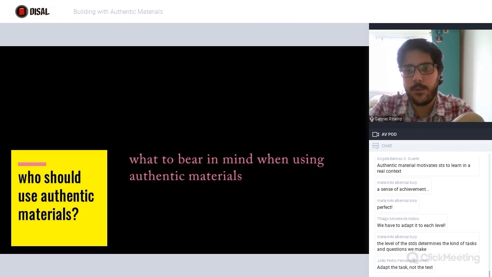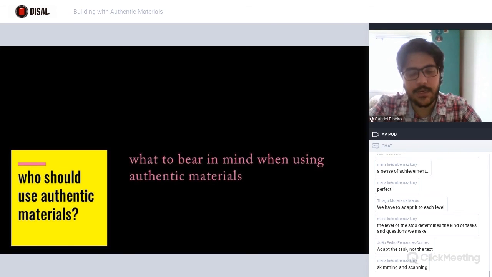I just need to know if this article is worth turning to page 4 for, or if not, right? So we have different needs depending on the different texts. And so we need to, like João Pedro is saying, we need to adapt the task rather than the text, right?